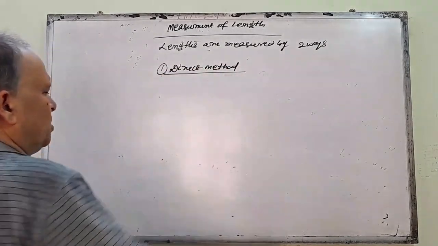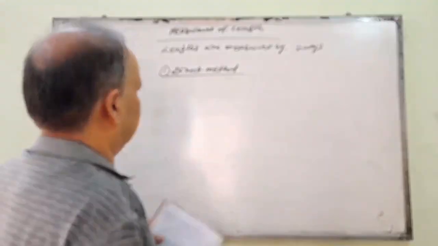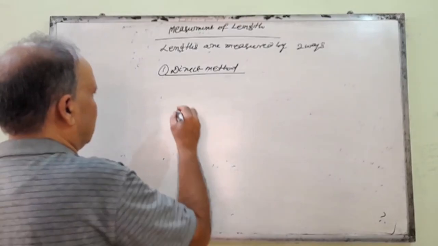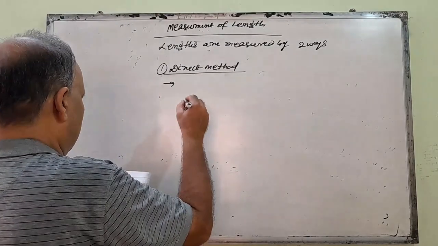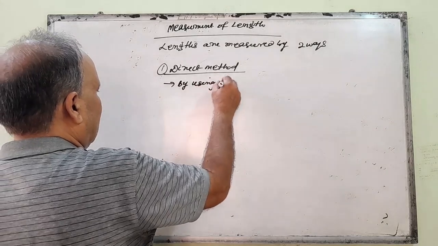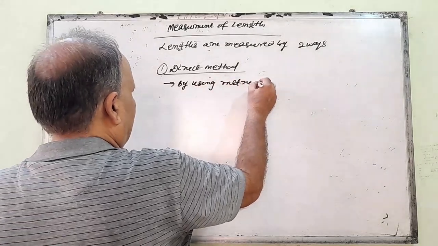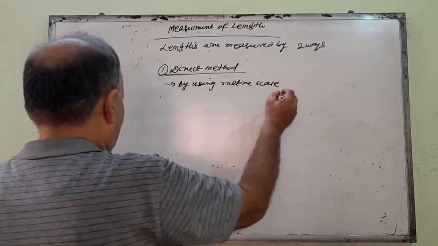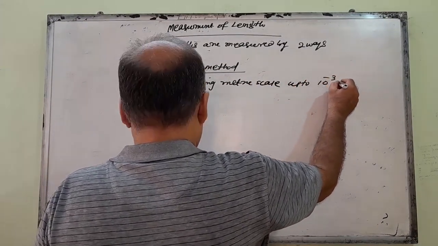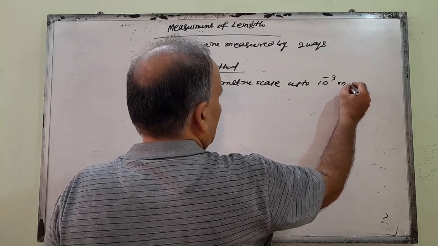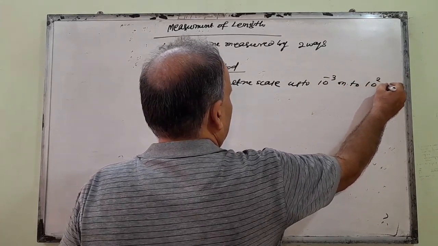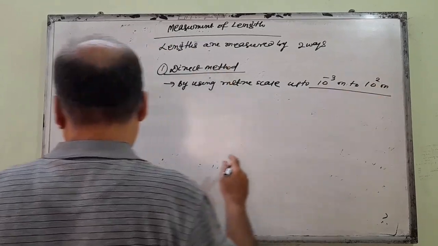In this method, we use measuring devices. Here, we directly use the measuring devices, that is, by using meter scale, up to 10 to the power minus 3 meter to 10 to the power 2 meter. This length we can measure.